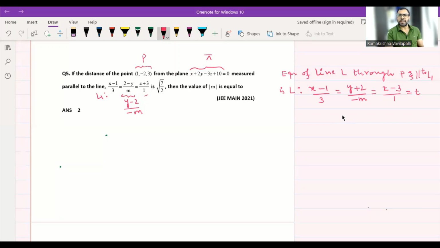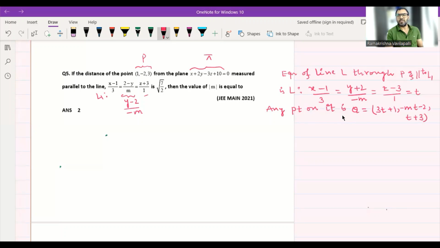So any point on this line is Q, we can write, 3t plus 1, minus mt minus 2, and t plus 3.